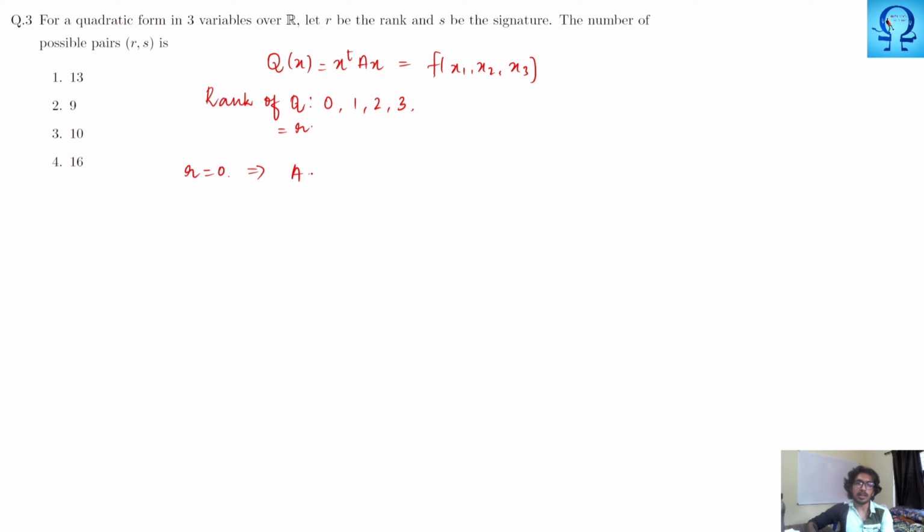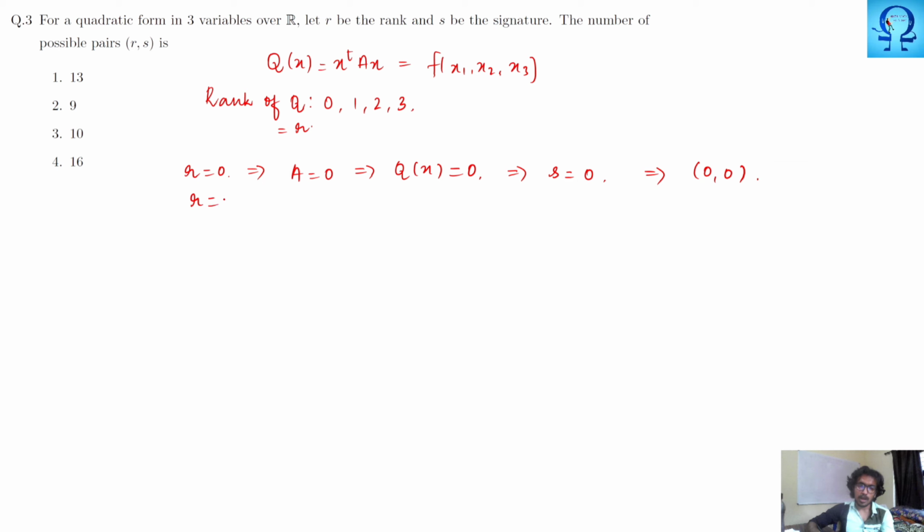Only when the matrix itself is 0, which means the quadratic form itself is the zero form. So in this case, what can be the signature? There are zero positive eigenvalues and zero negative eigenvalues. Therefore, your S is also 0. So this gives you the pair 0 comma 0, right?